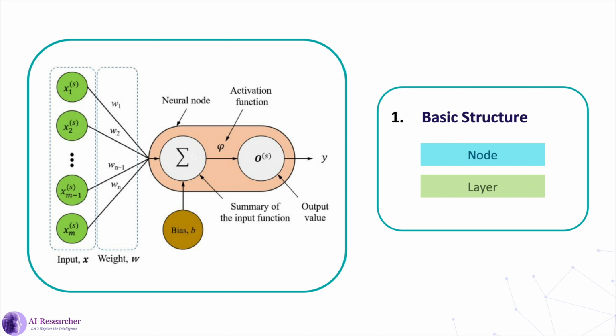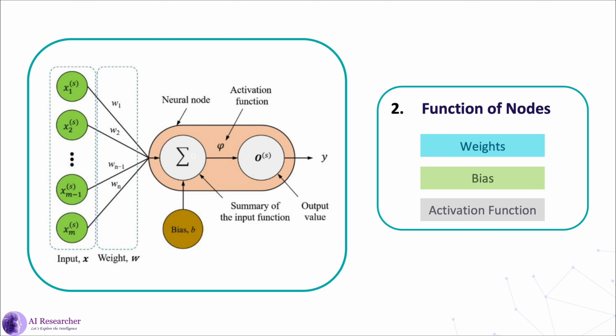Input layer receives initial data and passes it to the hidden layers, and hidden layers perform computations on this data, transform it in various ways, and finally the output layer produces the final results based on the processed information from hidden layers.